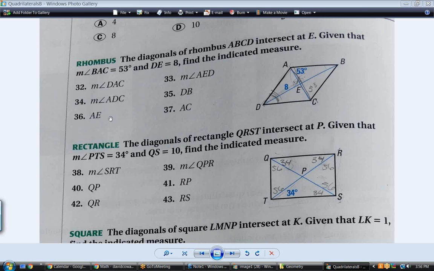We know that AE is half of AC, but we don't know AC. And just because we know DE, I wonder if that makes that a 6, 8, 10 triangle. You know what it is? This is an odd question.